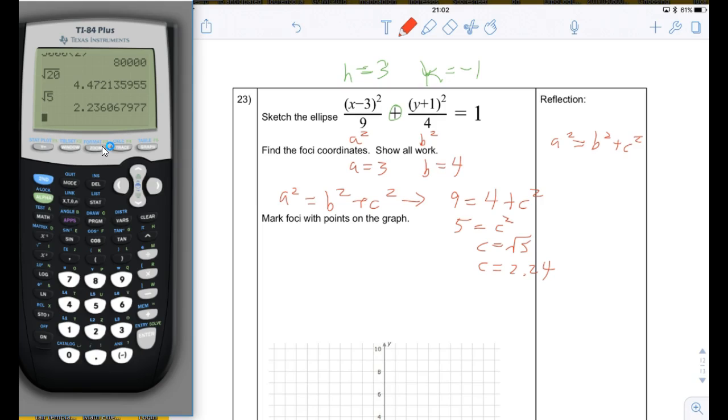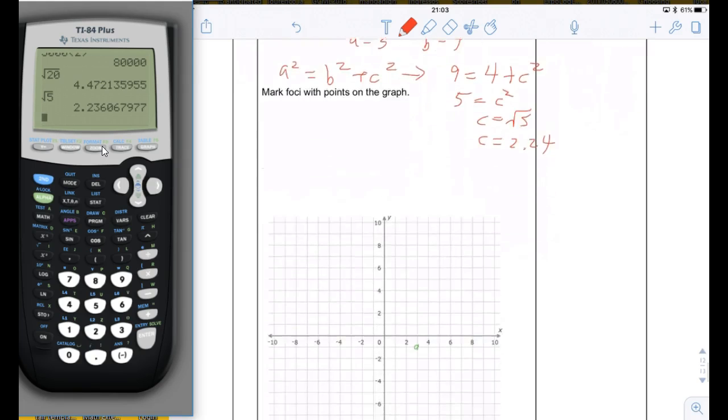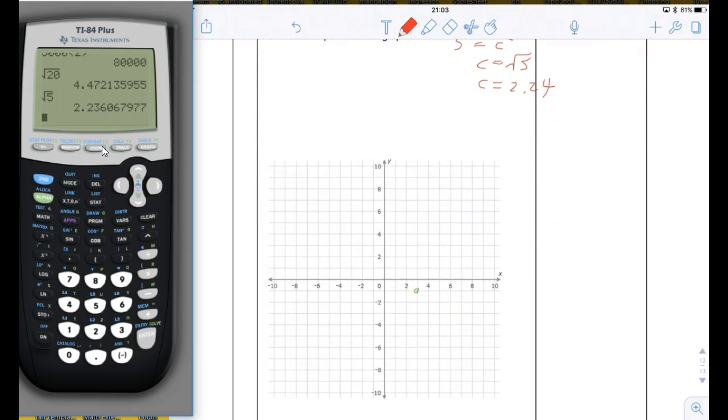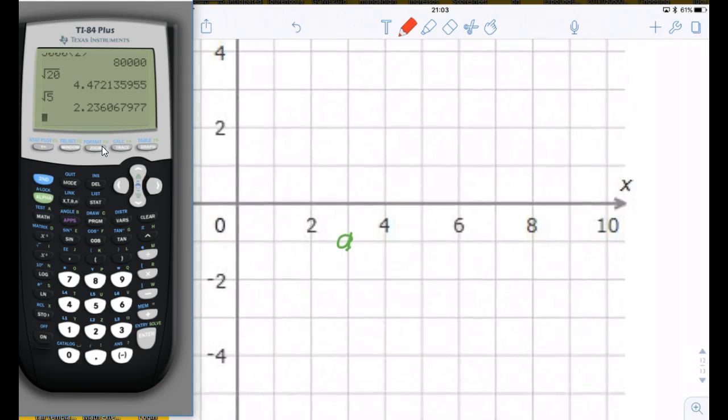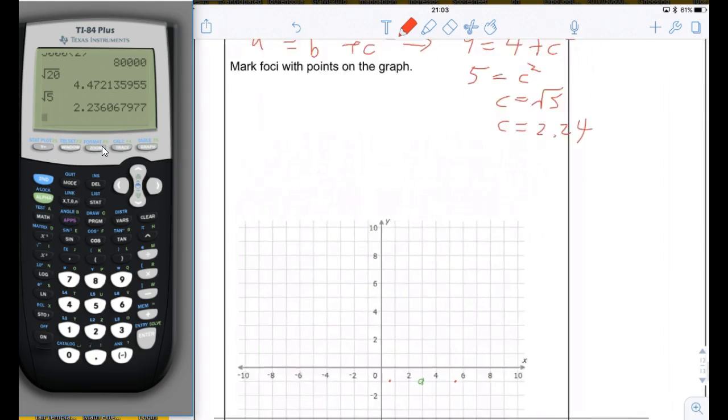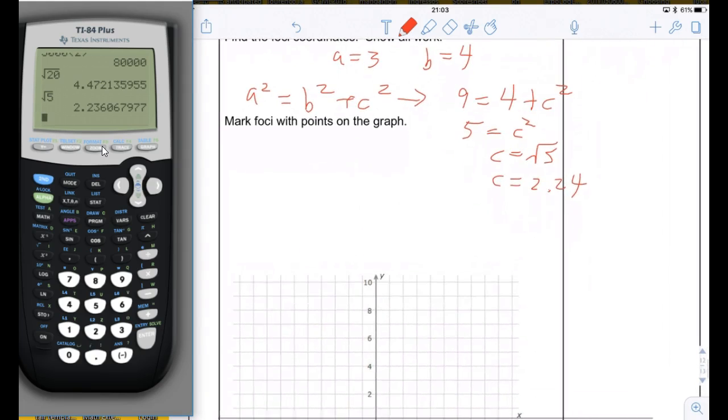We know that this particular ellipse is a wide ellipse because the a value is bigger than the b value. If it's a wide ellipse, that means that the foci are along the x-axis, 2.24 away from the center. So it would be like here and here. Those would be the foci. And the a value is 3 and the b value is 4.